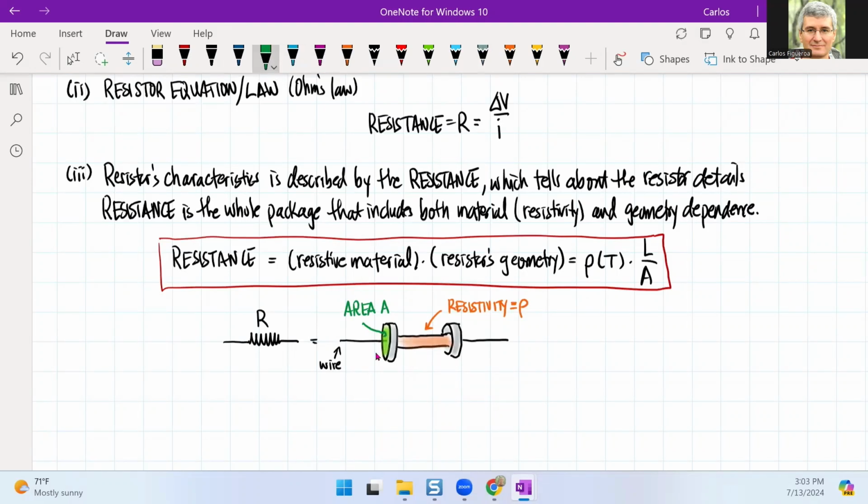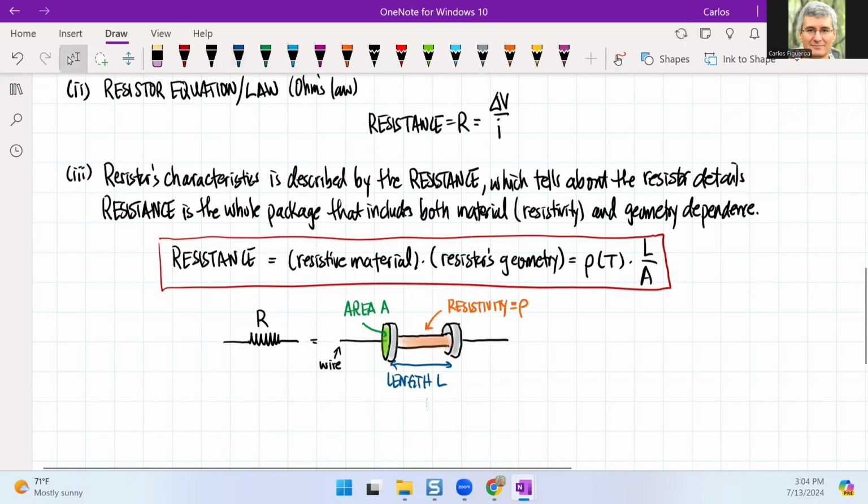And so when I look at this guy, it turns out that this quantity here represents the length L. So that's what it looks like right there.